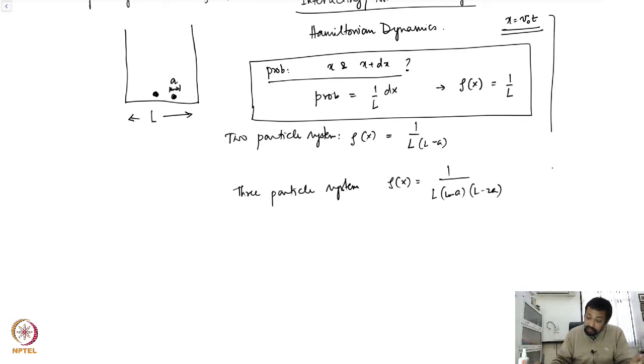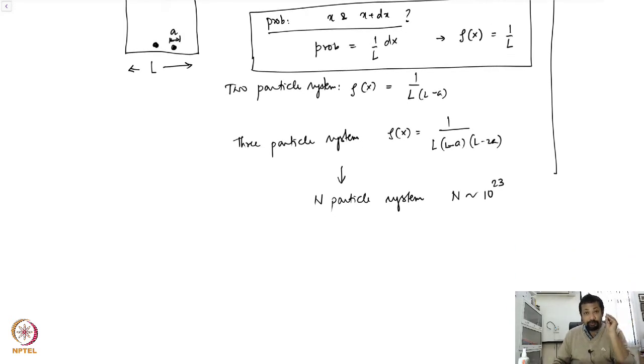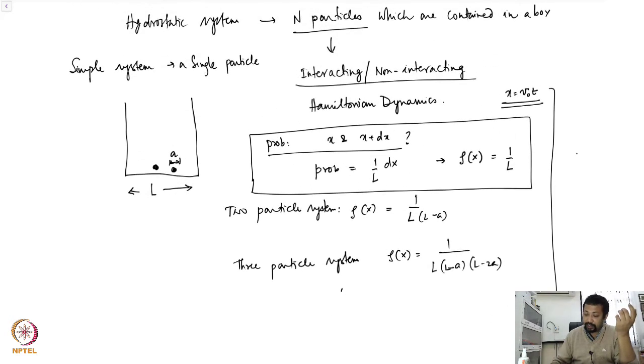If I now go to an n particle system where n is of the order of 10 to the power 23, the Avogadro number, we cannot have the deterministic picture that we had when we started off with one particle.